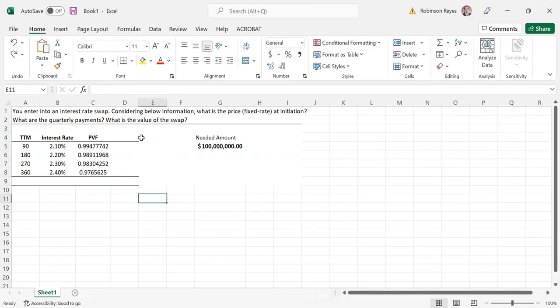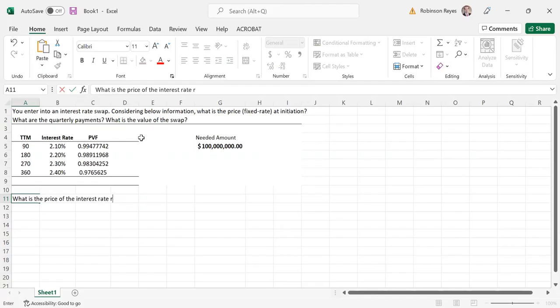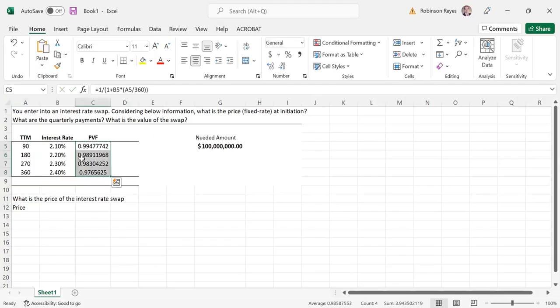Once we have the present value factors, what is the price of the interest rate swap? One important thing is that we know the price of the swap is that fixed coupon rate that makes the bond trade at par, considering variable yields, and the variable yields are reflected in the present value factors, right?